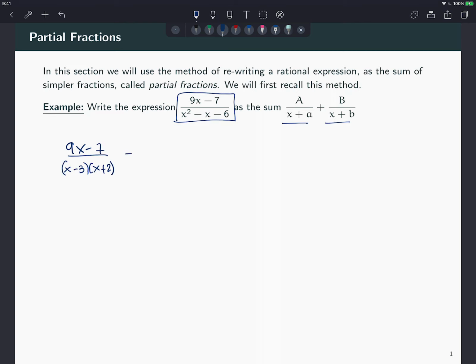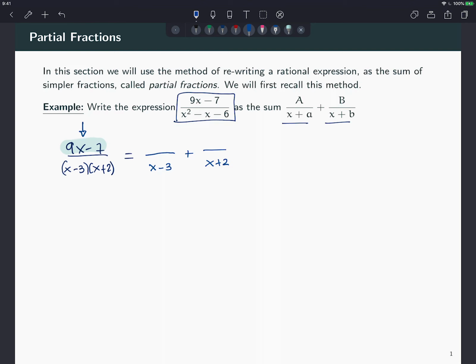So the key point is to think that I could have gotten this expression with this numerator by combining two expressions with these two denominators. When I added them to get the common denominator, I would get this expression over here.